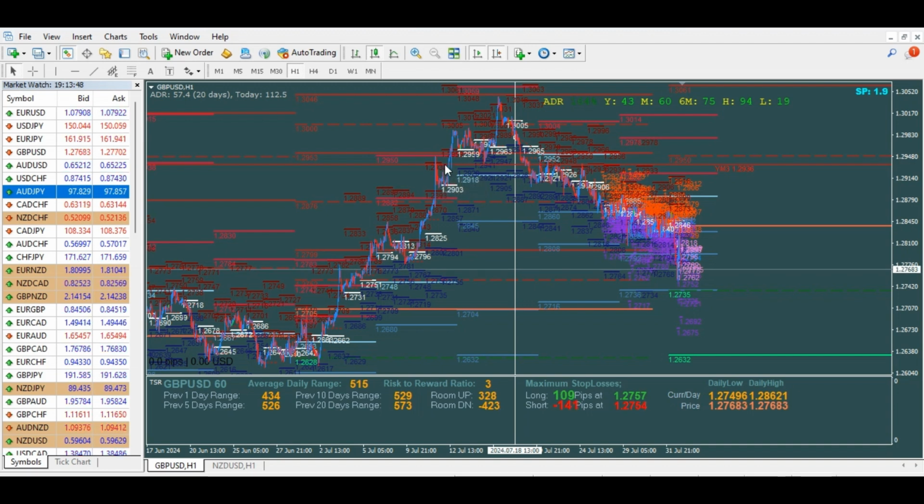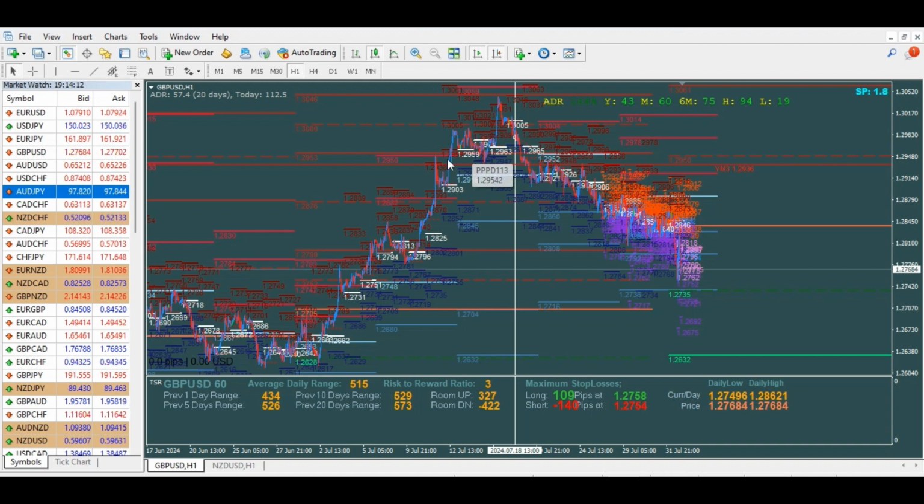But it wasn't until the current week that price hit this monthly midpoint level, which is the monthly M5. Okay. And that's where we actually took the trade here.